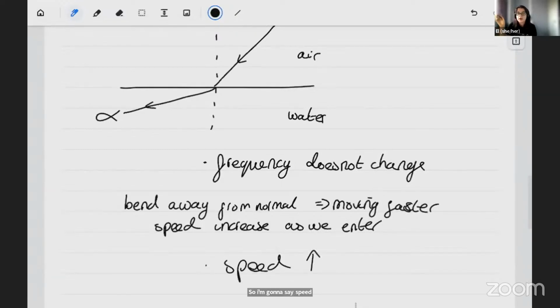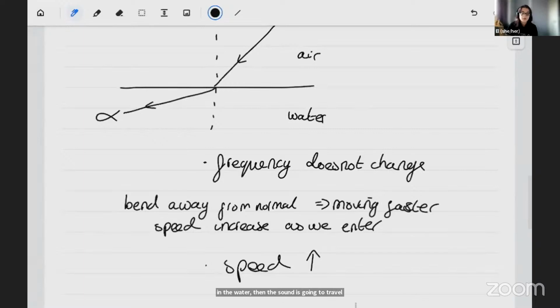And we can think about that physically, because as the sound waves move from air to water, we know sound is just a way we describe the vibrations of molecules. So sound propagates through the vibration of molecules. So if the molecules are closer together, like they are in the water, then the sound is going to travel faster.